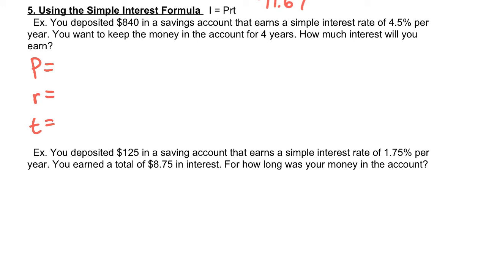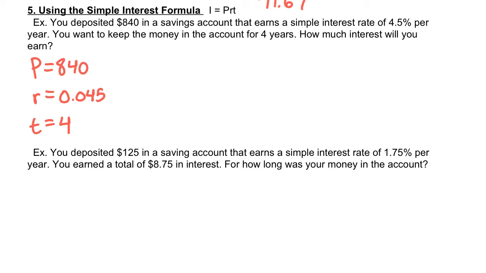So you deposit $840. That is your principal. That is your starting value of money. Your interest rate of 4.5% as a decimal is 0.045. It's important that we put that as a decimal. And we want to keep it in for 4 years, so time is 4.